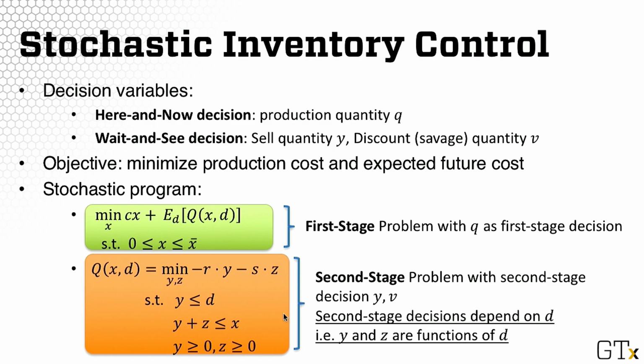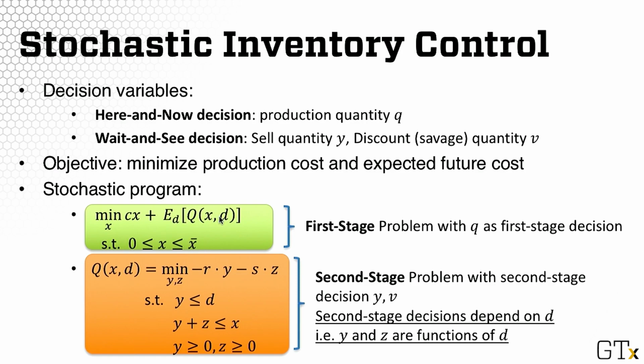So we formulate this stochastic program where the blue problem is the first stage problem, or master problem, and the key decision for the company right now is the production quantity. So this Q should be X, and this V should be Z here. This is the first stage problem.